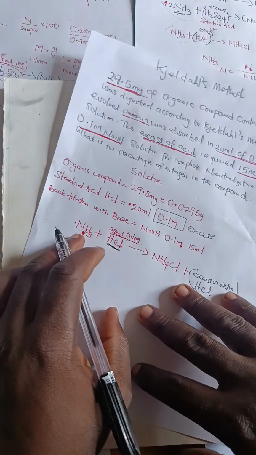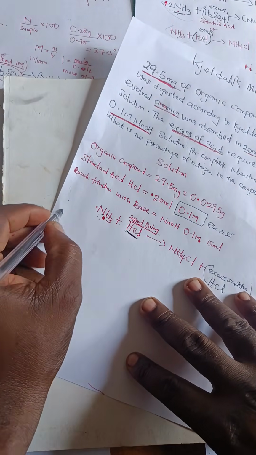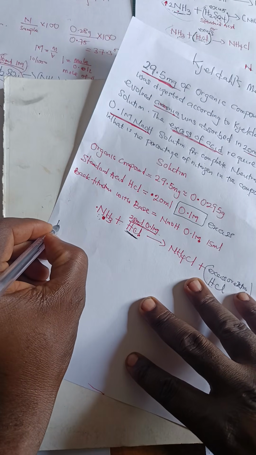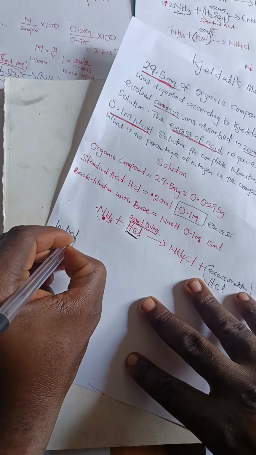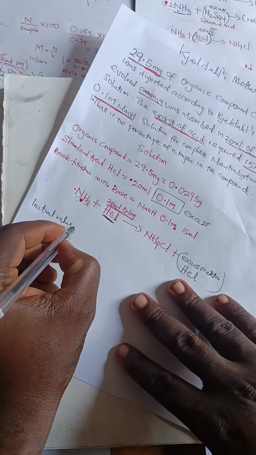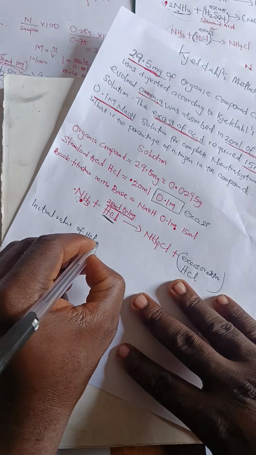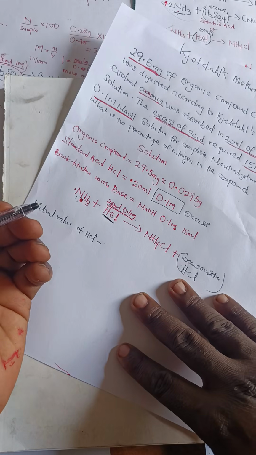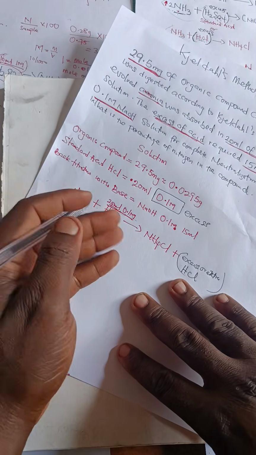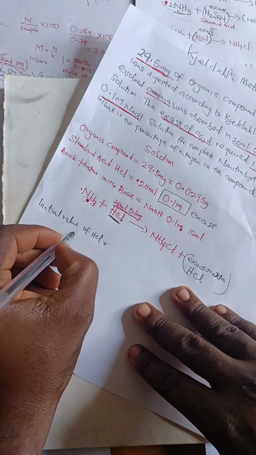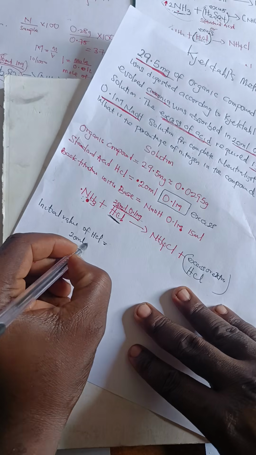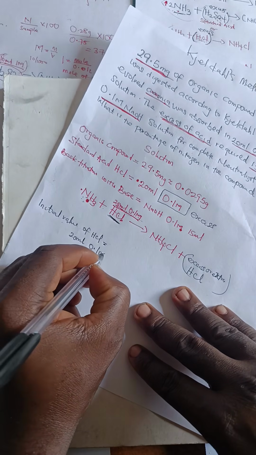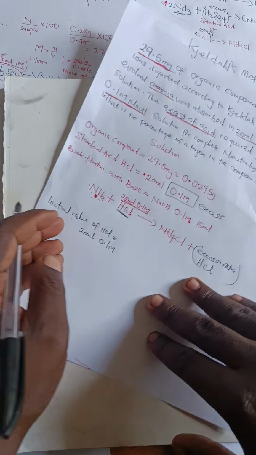So what we'll do, very simple, is take the original value, or you say the initial value of HCl that we used. The initial value of HCl is going to be 20 mL, 0.1 molar, which you can convert to mole.